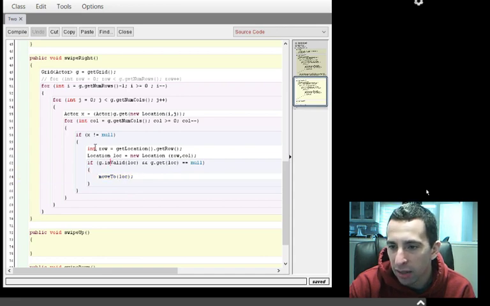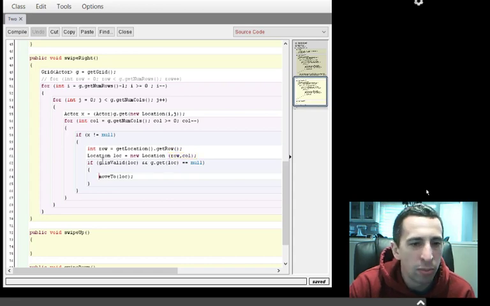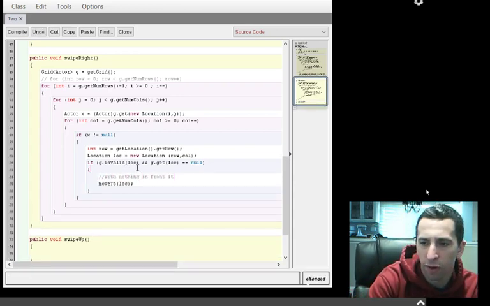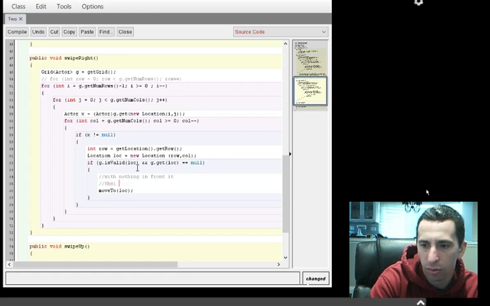So you're getting this location in that spot, but you're not actually telling the actor in that spot to move. You're just calling move to. So when you call move to with nothing in front of it, this just moves the object that you clicked on.